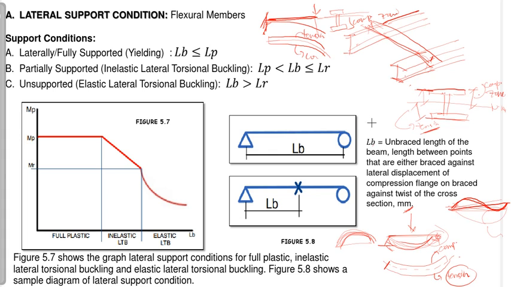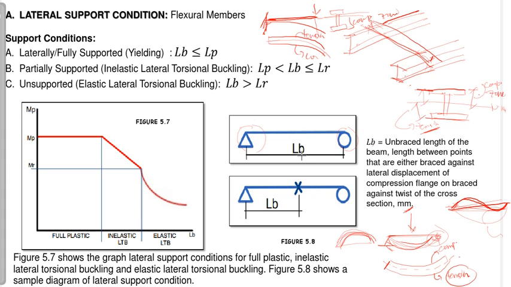So, for example, sa simply supported, ganyan lang siya. Yung Lb natin is yung buong span niya. May support tayo dito sa kaliwa, may support tayo dito sa kanan. That will serve as the lateral support pa rin. Kaya pag simply supported, ang Lb natin is yung full span.